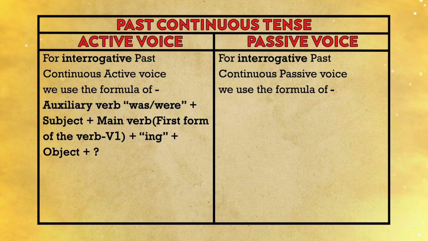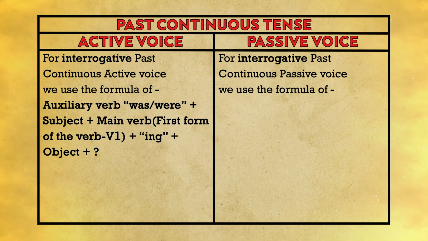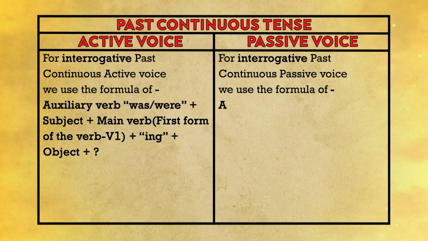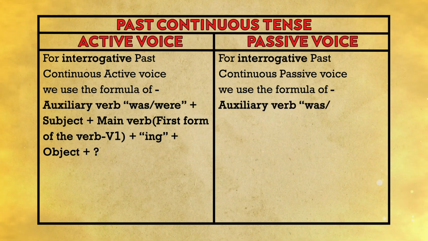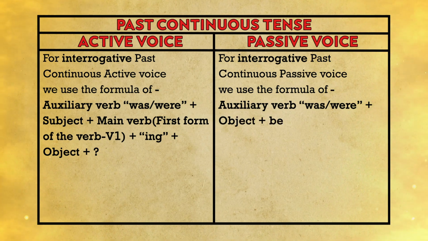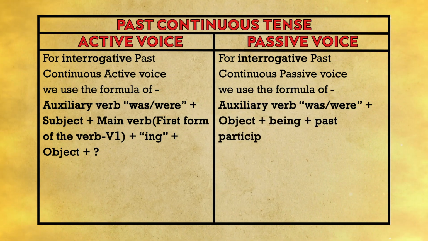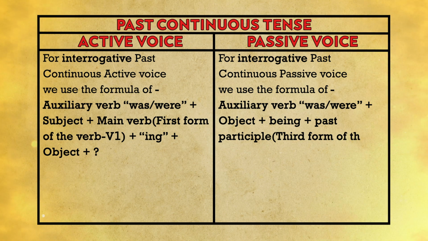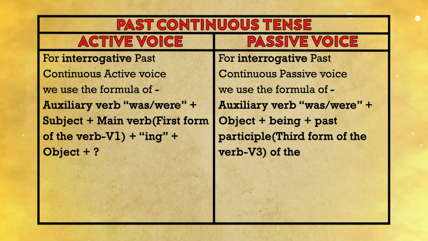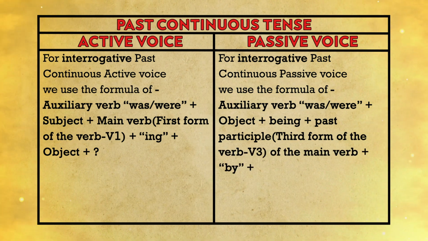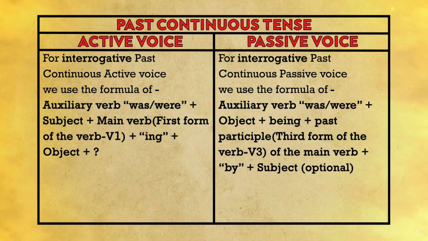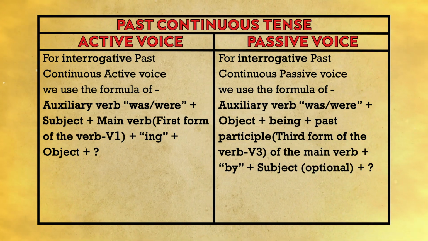Now, when we change it, the structure formula goes as follows. Was or were, plus object, plus being, plus past participle of the main verb, that is V3, plus by, plus subject.